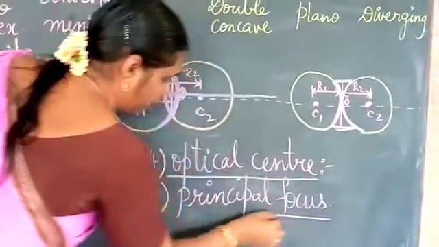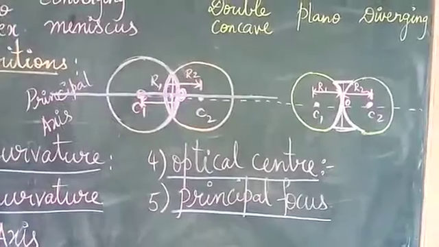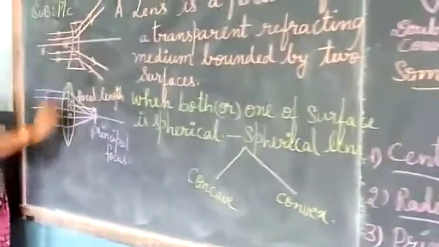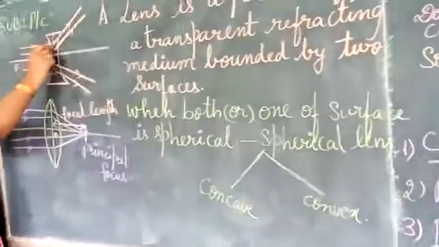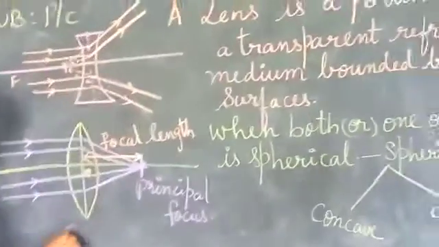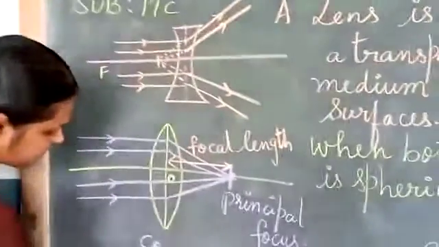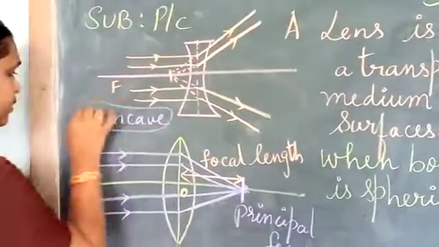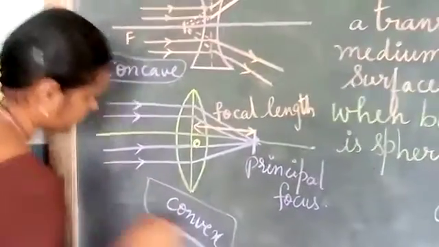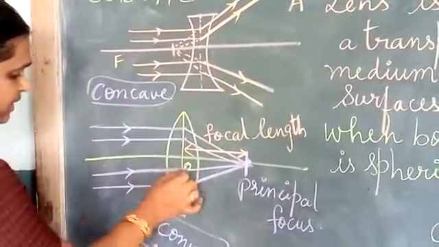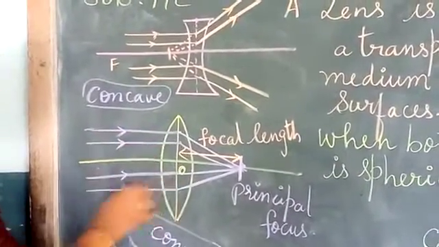Now let us move on to the last definition, that is principal focus. You can see here I have drawn two diagrams. What is this, children? This is convex and this is concave. Very good. To know what the principal focus is, you should understand this. I have drawn some four rays here.